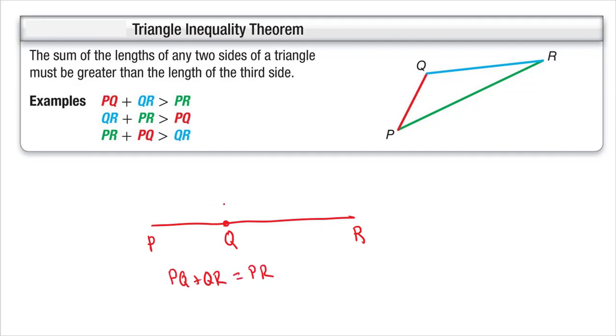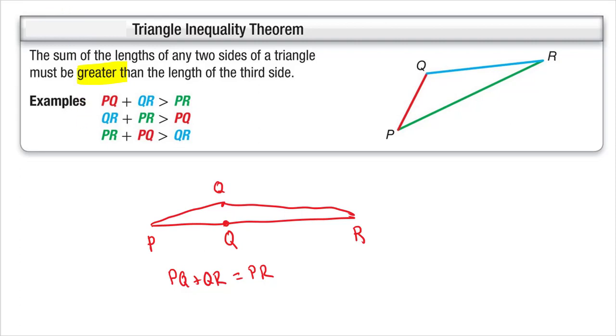But the second that Q is a little bit bigger, that we raise Q up, you're going to have a triangle, so PQ plus QR is going to be greater than PR. The same thing holds true with all the other sides. So QR plus PR is greater than PQ. So the sum of any two sides of a triangle must be greater than the third side.